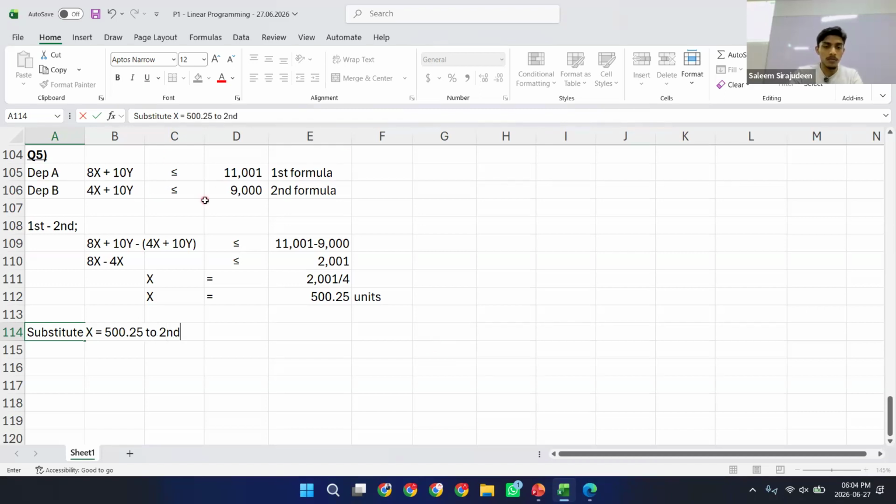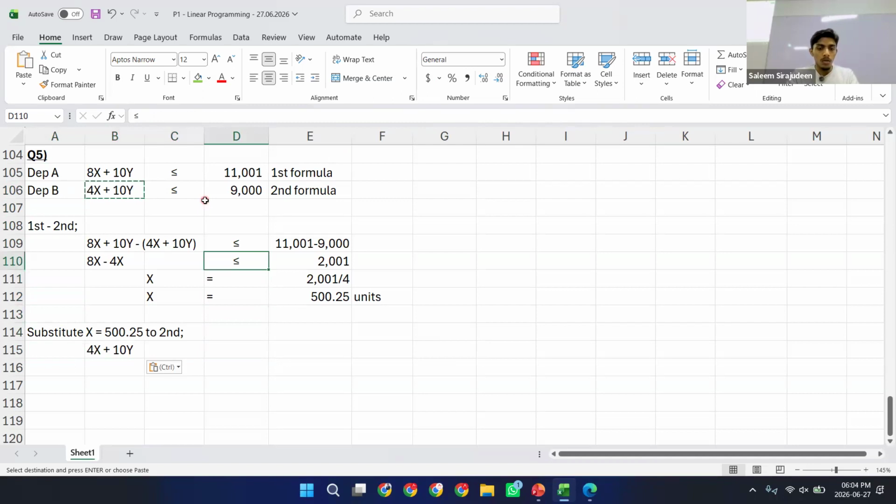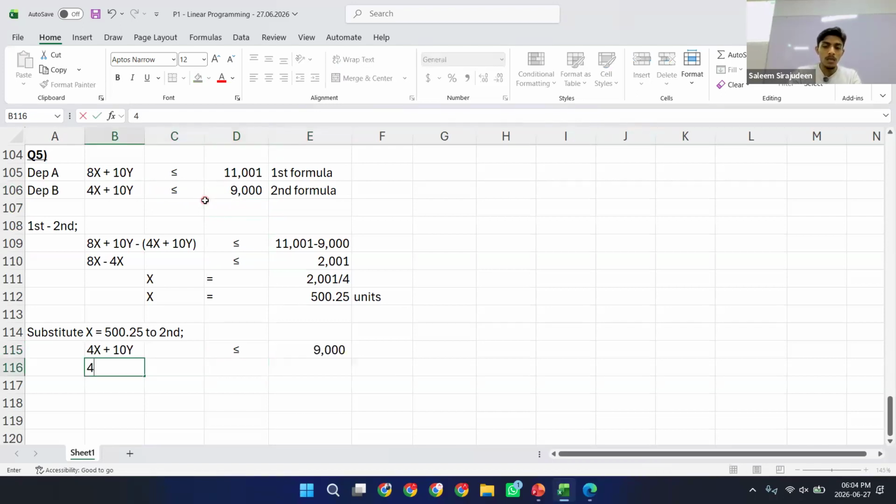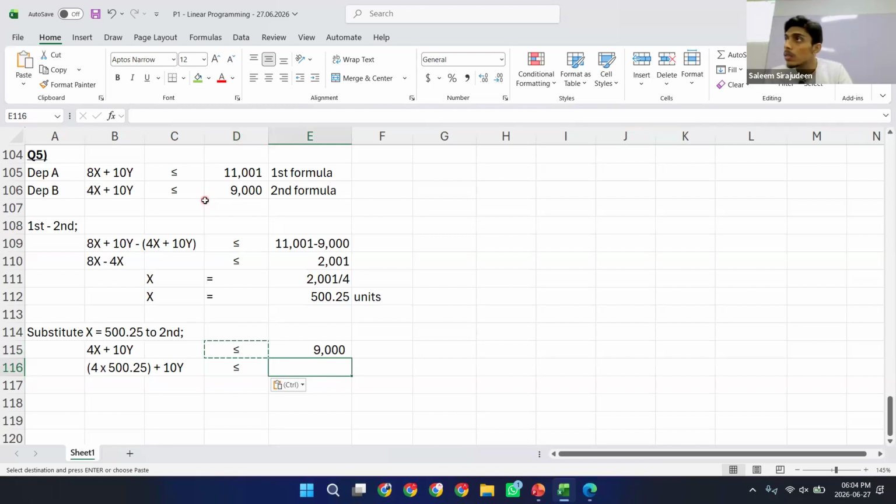Formula 2: 4 into 500.25, plus 10y, equal or less than 9,000.